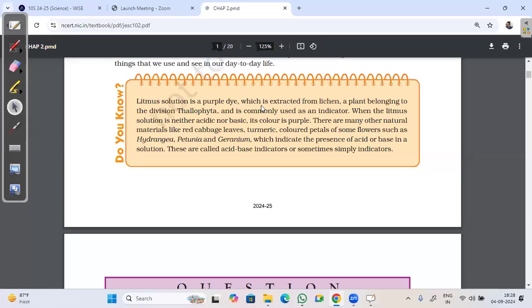And what are lichens? Can anyone tell what are lichens? Fungi, algae, a mixture. Lichens are an association of algae and fungi.